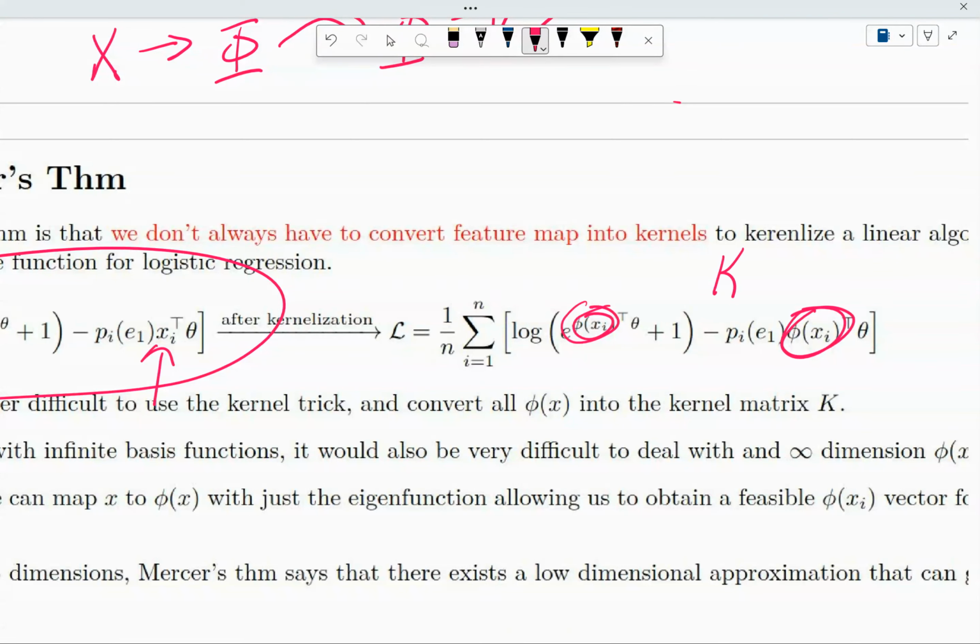As a result, you end up using a kernel matrix instead of using phi. However, for those algorithms, we got lucky. There was a way for us to create the kernel matrix. Very often, there are algorithms where you cannot create a kernel matrix. And if you can't create a kernel matrix, you are stuck with potentially infinite dimensions.